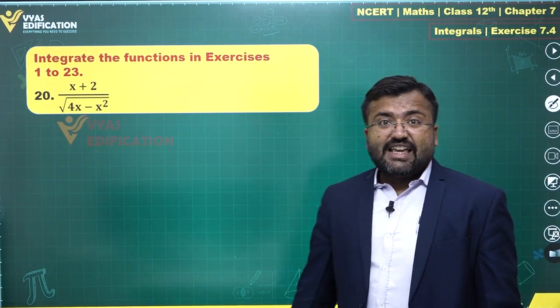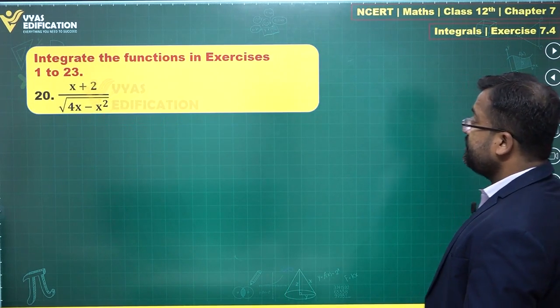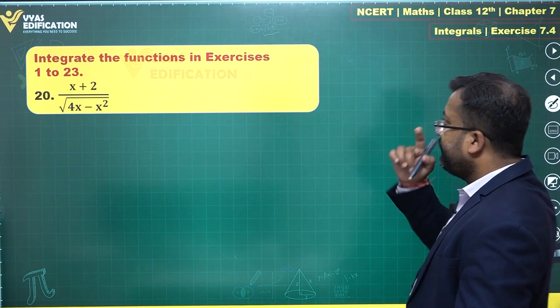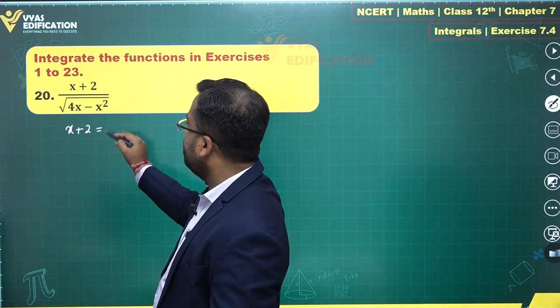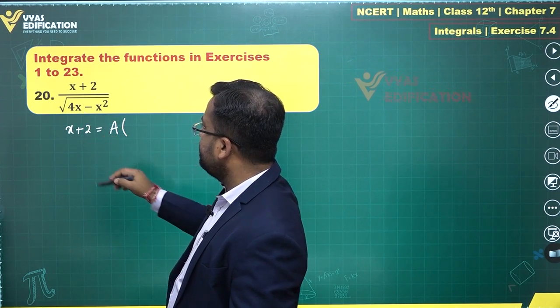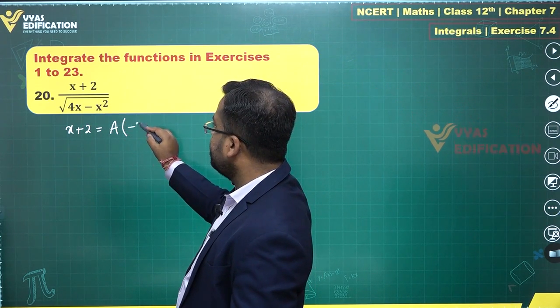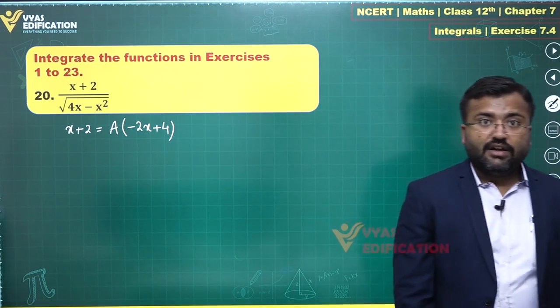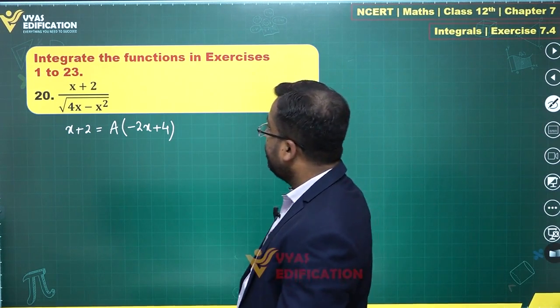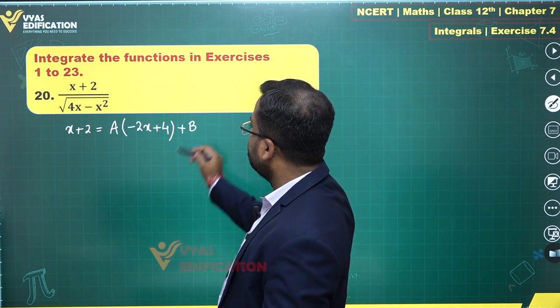The 28th question has x plus 2 upon under root of 4x minus x square. How do we handle this one? Okay, this x plus 2 is a linear term, can be written as a times the derivative of this. What is that? The derivative of minus x square is minus 2x, 4x is 4. This is what you have, right? Derivative of this is this, and plus another constant.